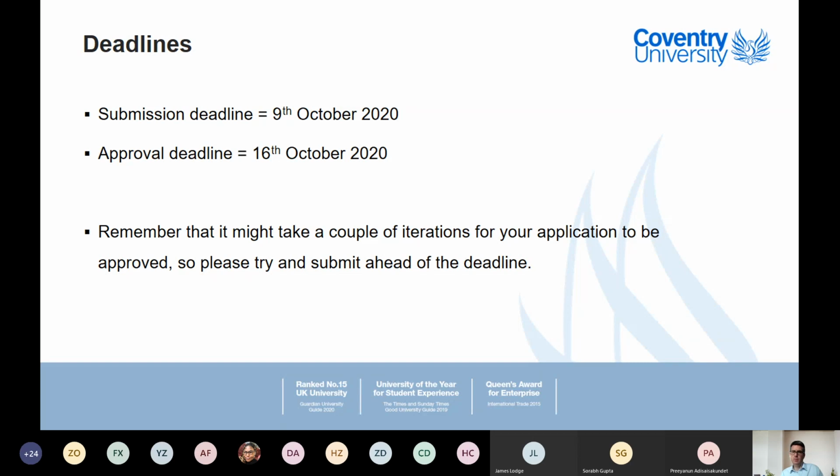Quite often, even if it's very good, there might be a few things that you need to tweak, and there might be one or two iterations. It usually takes a few days when you send it, by the time your supervisor goes through it, sends it back to you, and you change things. Ideally, you don't want to have this rush happening in that week from the 9th to the 16th, because there would be lots of people at that time. So keep that deadline in mind, try to anticipate it, and submit earlier if you can.